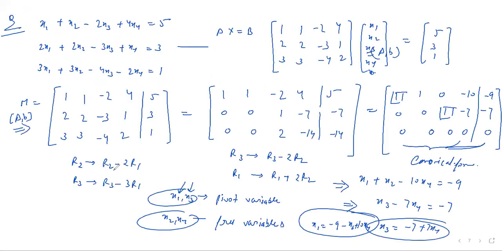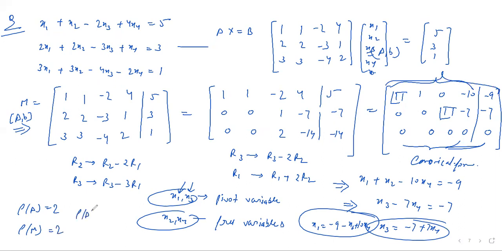Now let's look at the example. What is the rank of this matrix A? The rank of this matrix is 2. And the rank of the whole augmented matrix is also 2.